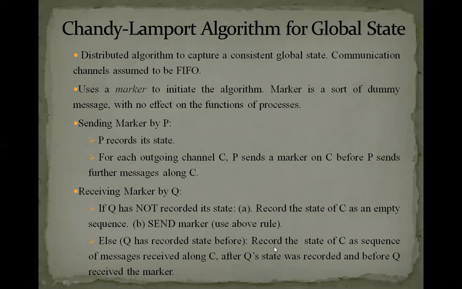what will it do? It will record the state of the channel as the sequence of messages received along the channel after the receiving state was recorded and before Q has received the marker. Meaning thereby, before it is going to receive the marker, first of all, it has to update itself with the channel state as the sequence of the messages which is received through the channel.